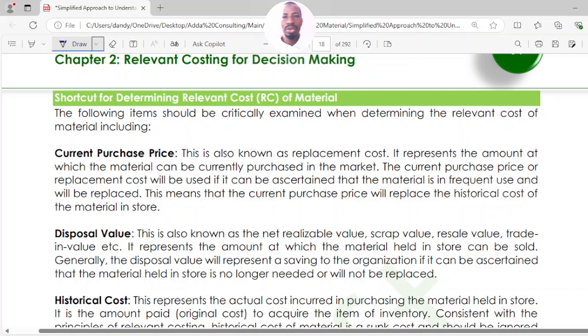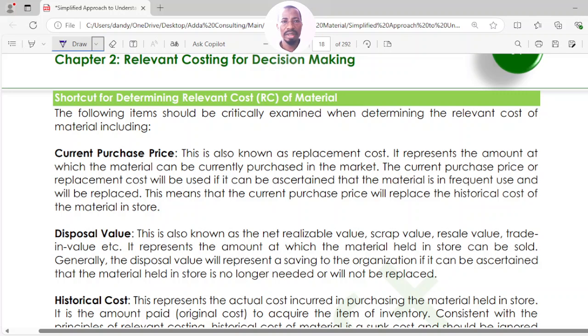Rather, you are going to earn benefit from that disposal. So disposal value is a saving to the organization. If you are determining relevant cost, the disposal value or the saving must be in brackets in order to reduce your total relevant cost. All right. So that is the treatment of disposal value.